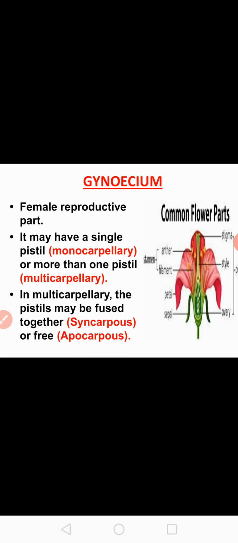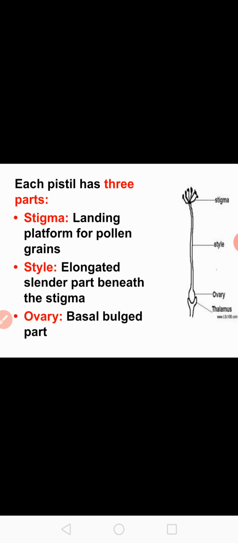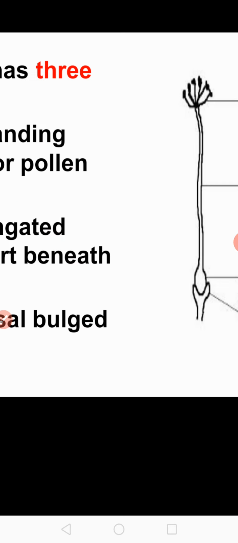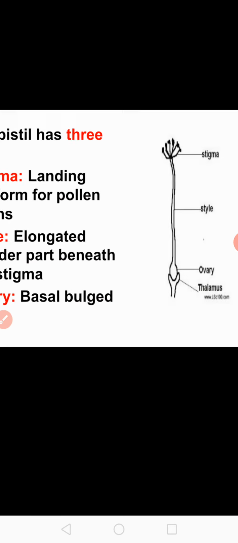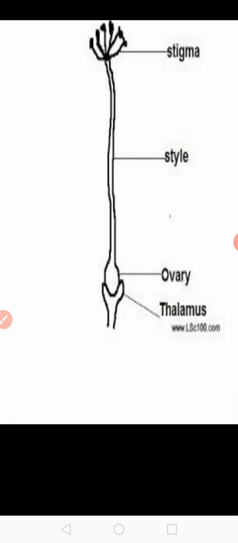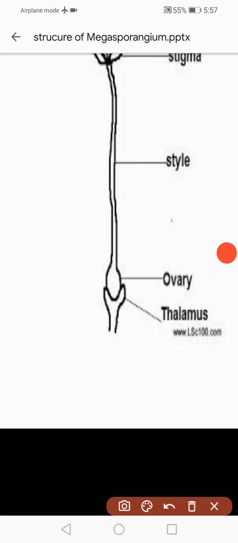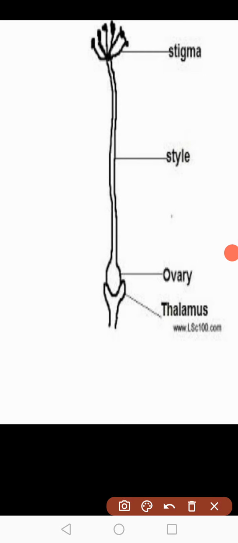Next, we'll move on to the parts of a pistil. Each pistil has three parts. They are stigma, style and ovary. Now stigma is the tip part of the pistil which receives the pollen grains.